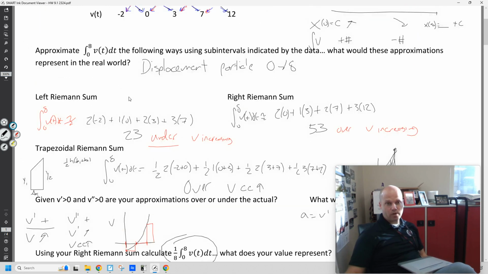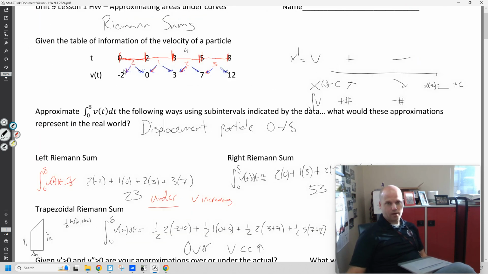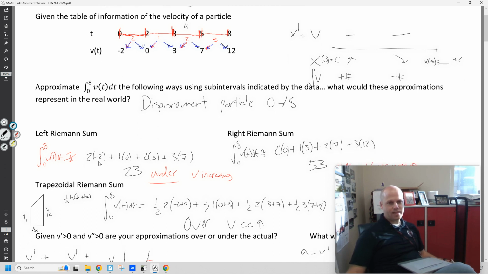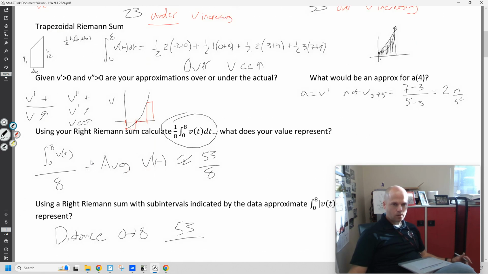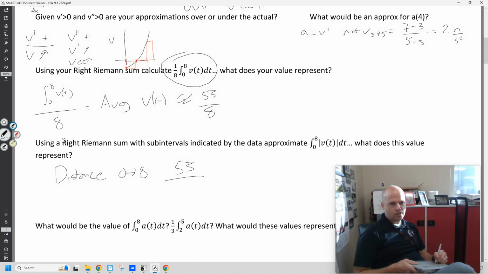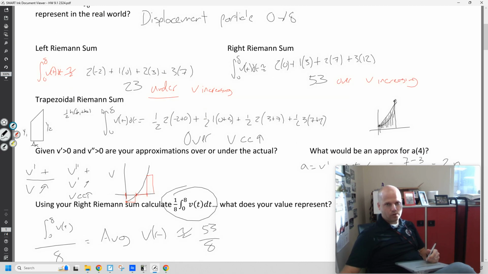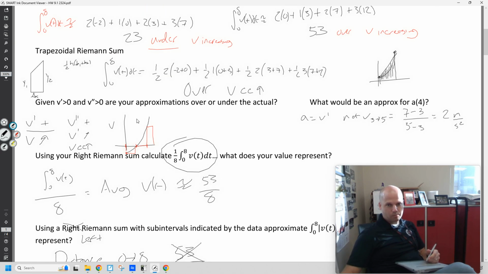If I used a left Riemann sum, which would probably be better, I would change this -2 to a +2. I would not say that this is a displacement of -4. I'd say this is a distance of +4. So let me change it to a left Riemann sum, just so you know the difference. The left Riemann sum is going to be 2 times positive 2.